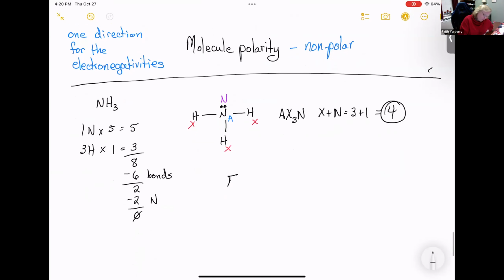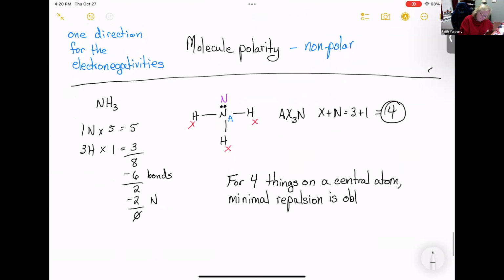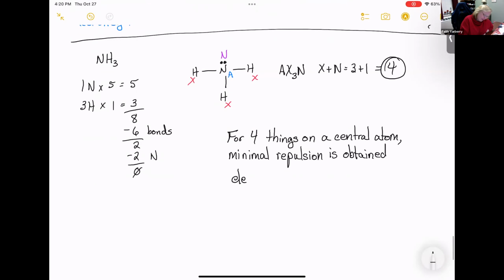For 4 things on a central atom, minimal repulsion is obtained when the electron geometry is tetrahedral.